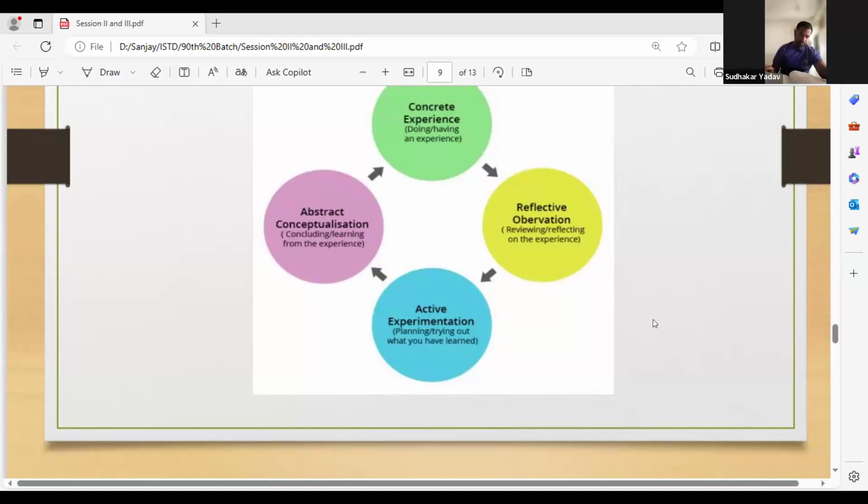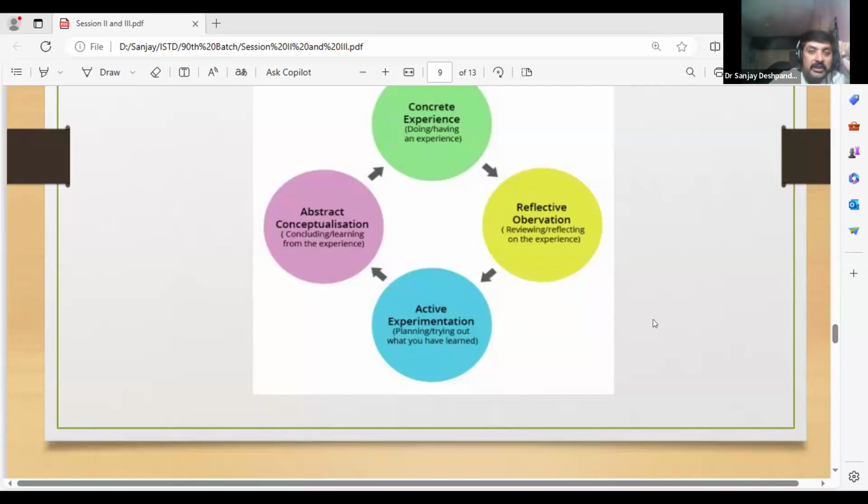Then the last one is abstract conceptualization. Abstract conceptualization is when we take the summary of all the things around us. Okay, I learned by observing, I learned by doing, I learned by experimenting. And when you take the summary of all these dimensions, that's called abstract conceptualization, where new ideas start to emerge.